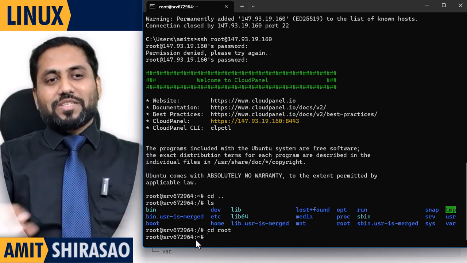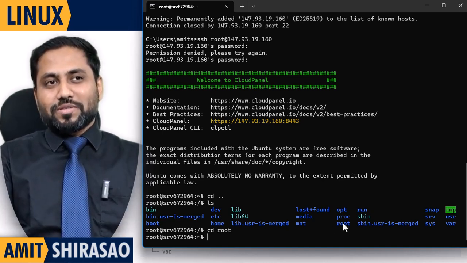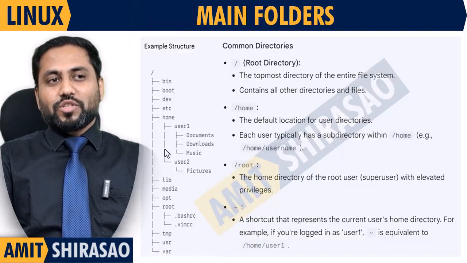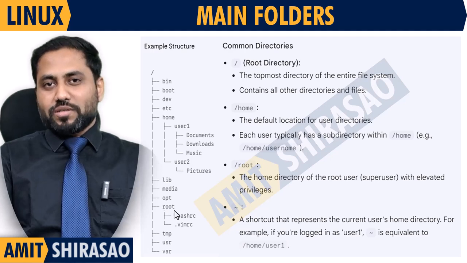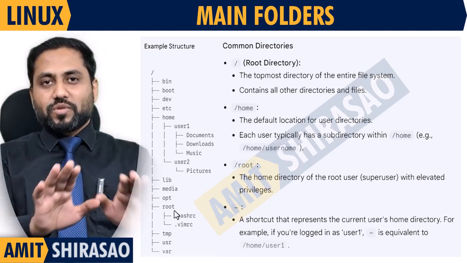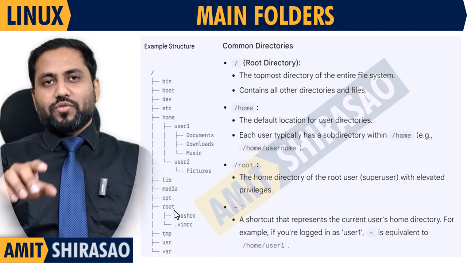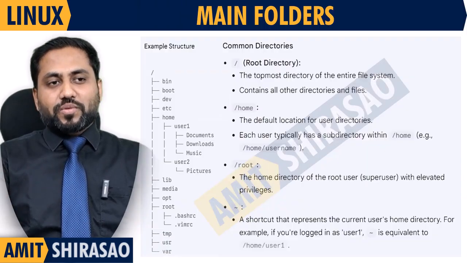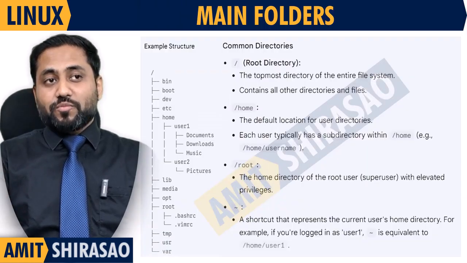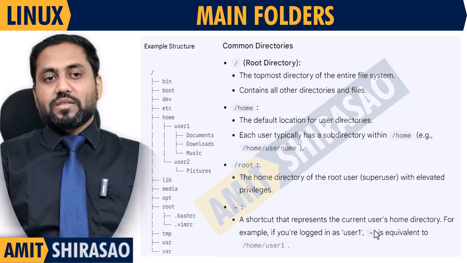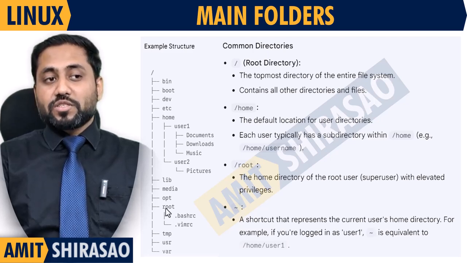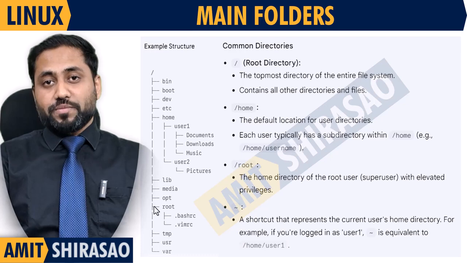So hence proved that I was basically in this root folder. Why? Because I logged in as a root user, so I landed in this folder. So the first folder that I got was this folder. So this is the default folder. And that's why this tilde basically means, when I'm logged in as a root user, the current user's home directory, which is the root user's home directory, which is this folder.